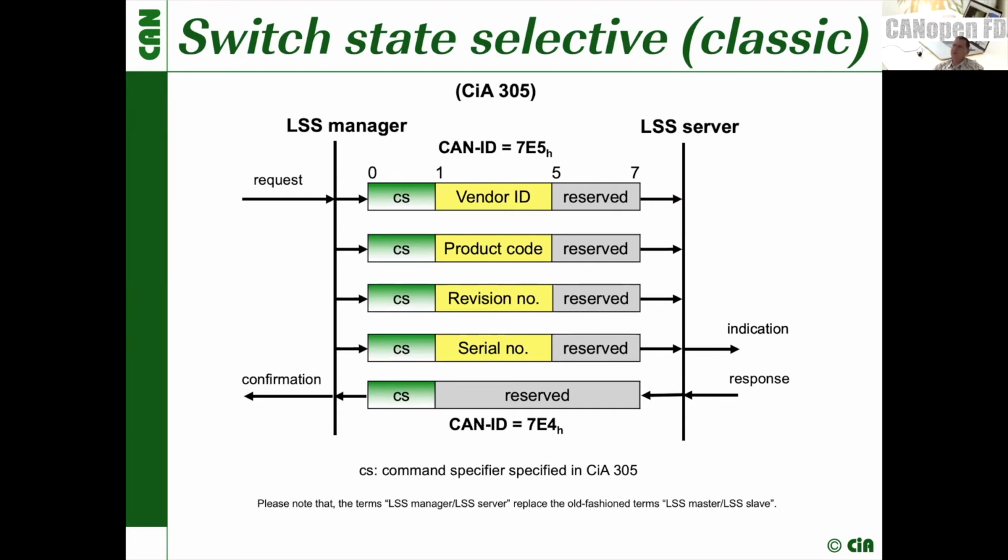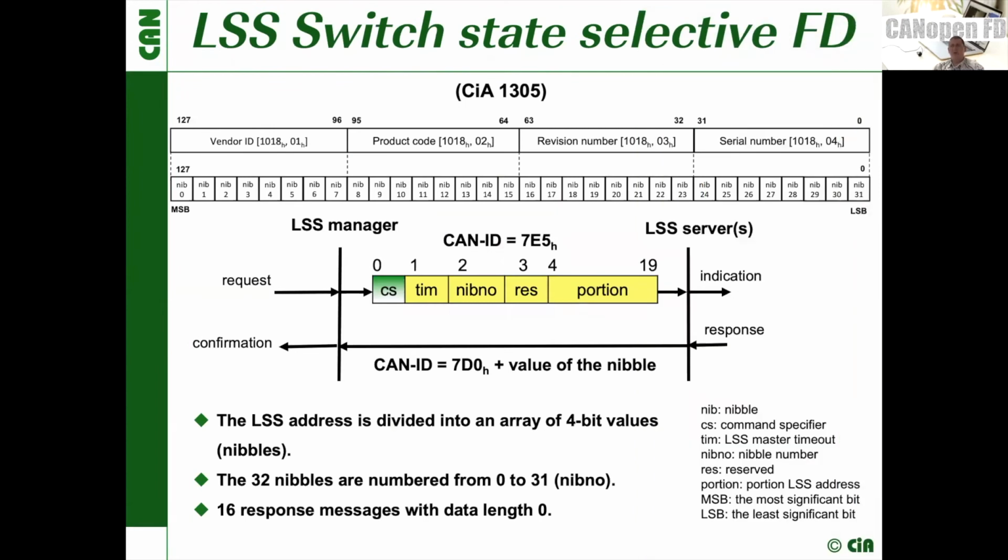The use case is that you have several devices, maybe from the same vendor, which in the worst case differ only via the serial number. You have to differentiate between them via this protocol to pick exactly one of these devices, and then you switch to another protocol and hand over the node ID value.